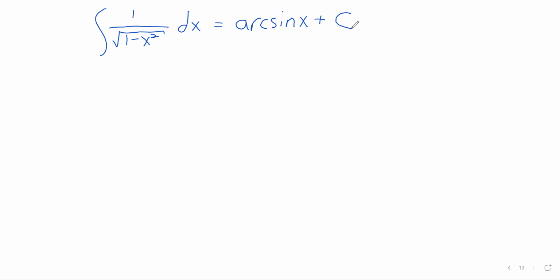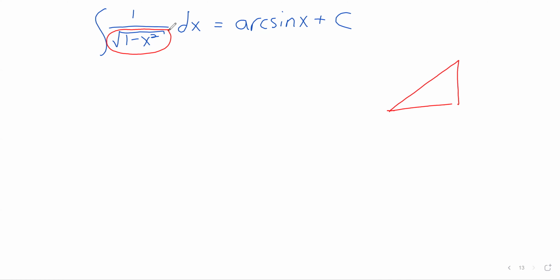Why would you have the integral of 1 over the square root of 1 minus x squared? But expressions like this, like the square root of 1 minus x squared, show up more often than you'd think because you can get them from the Pythagorean theorem.